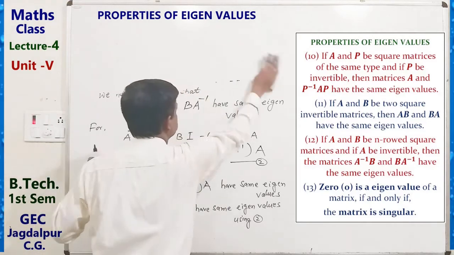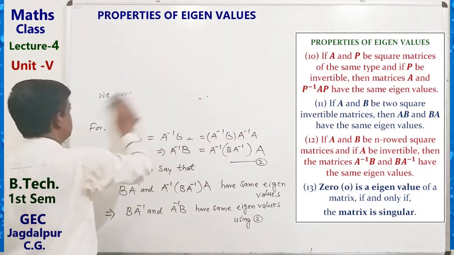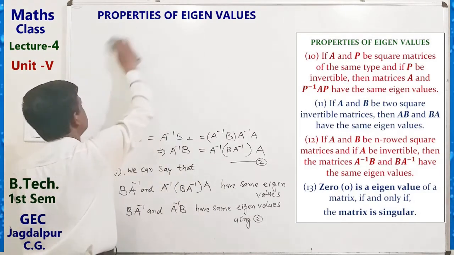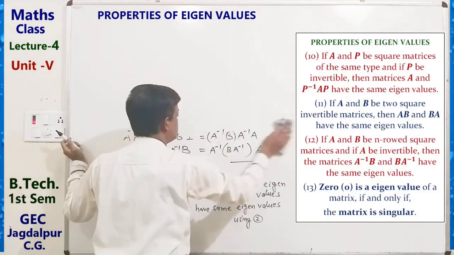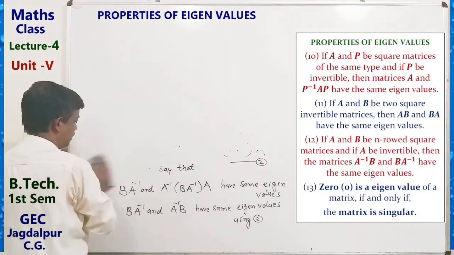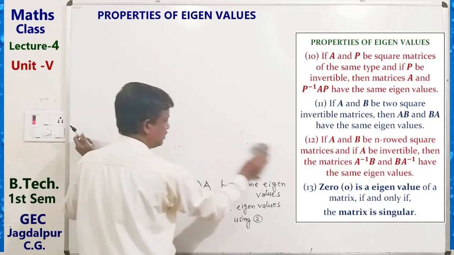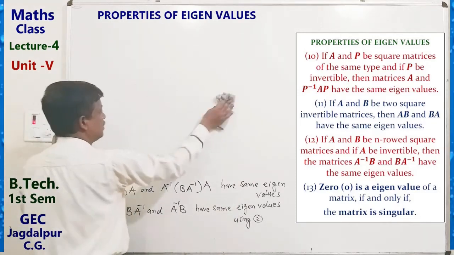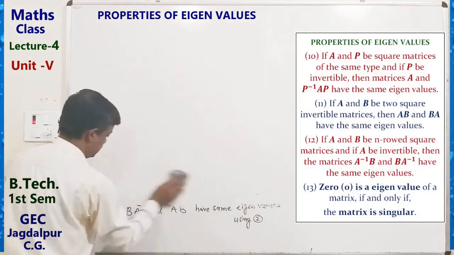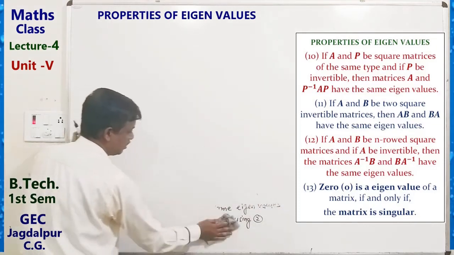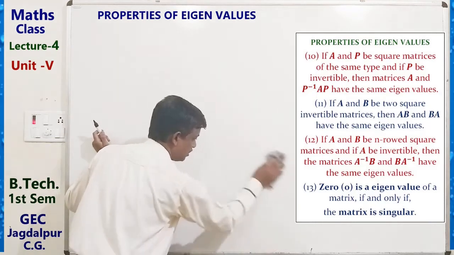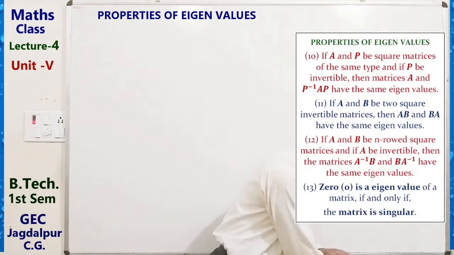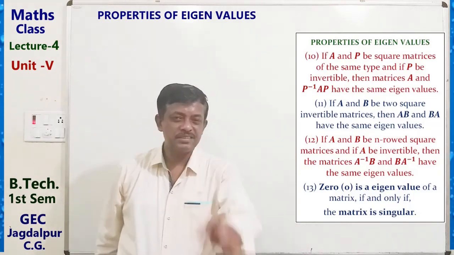Singular matrix means determinant A equals 0. So 0 is an eigenvalue of the matrix if and only if the matrix is singular.